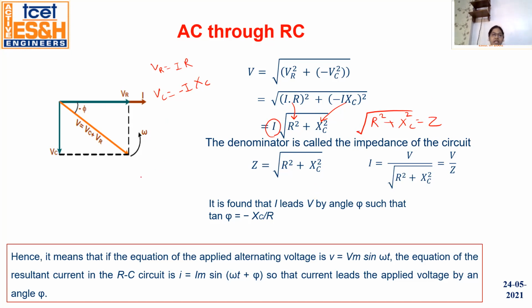So I in any RC circuit, this is V, this is I. So I is equal to what? V by Z. Okay, and the combination of Z is this. Impedance is in ohm, and Z is also represented by root of R square plus XC square.